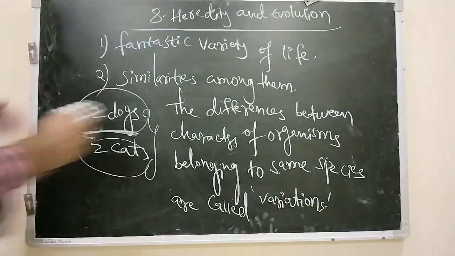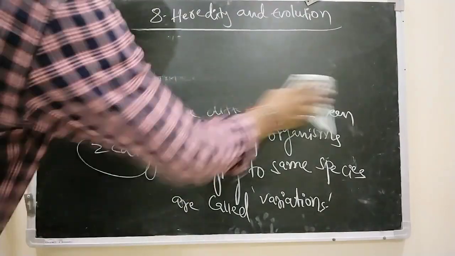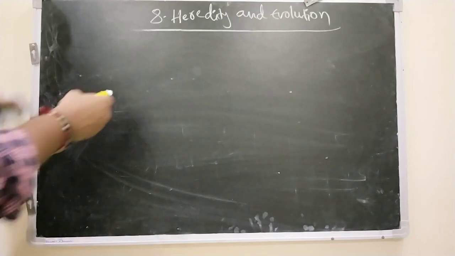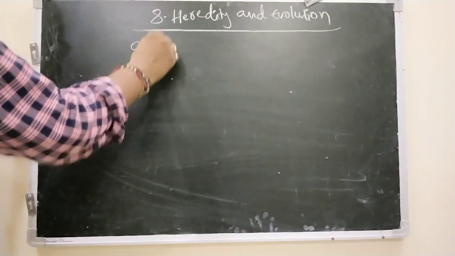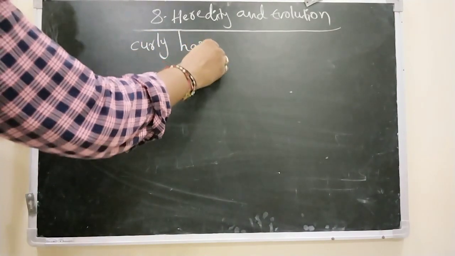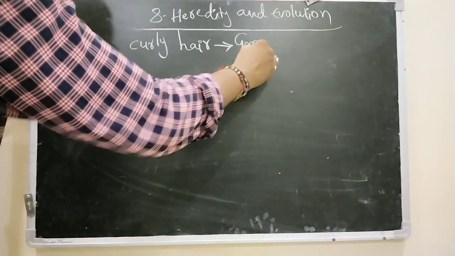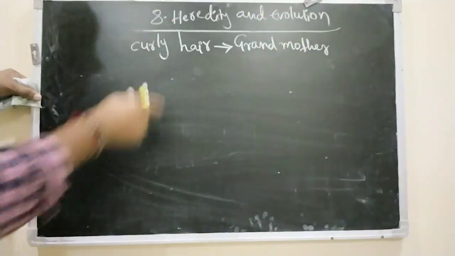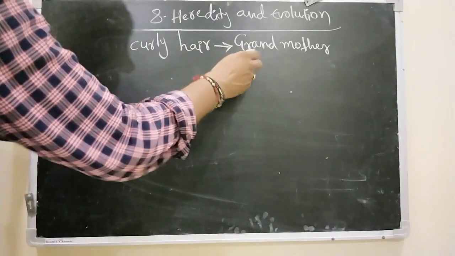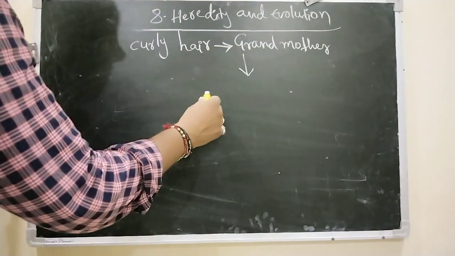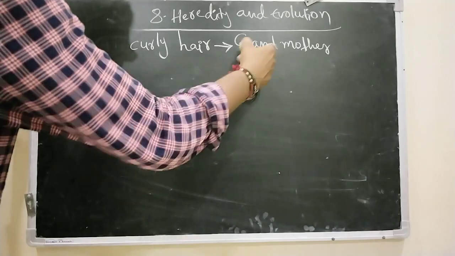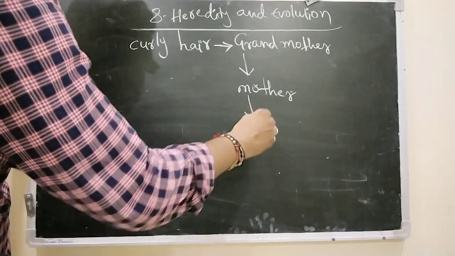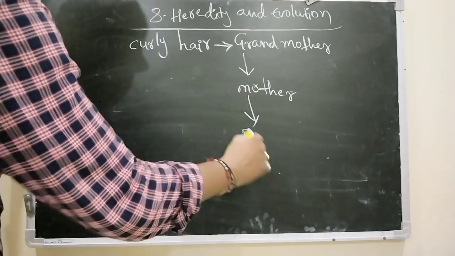Okay, next, if you observe, some characters we get from our parents, for example curly hair. This curly hair is present in our grandmother. As this character is present in the grandmother, it is also passed to the mother, her daughter, and the next generation may also get this character.